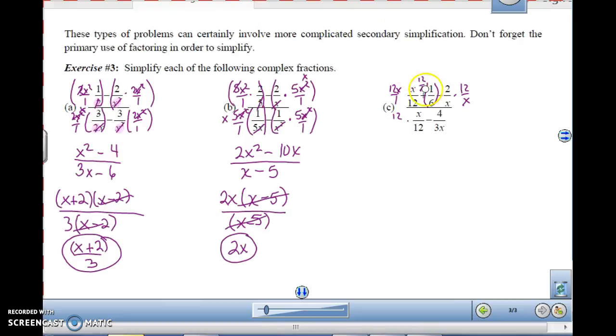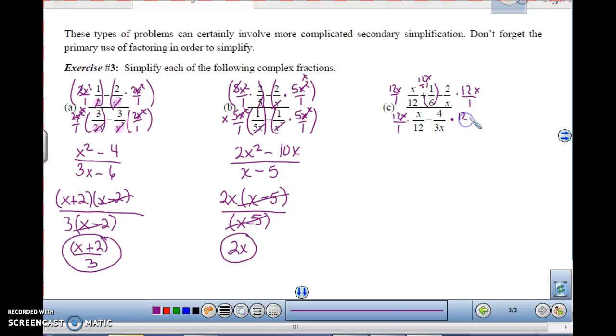What am I doing? That should be 12x, and this one should be 12x. Sorry about that. 12x and times 12x. Okay, so working on each term, 12 cancels 12, x times x is x squared. 6 cancels 12, leaving 2, 2x times 1 is 2x, and that's plus 2x.